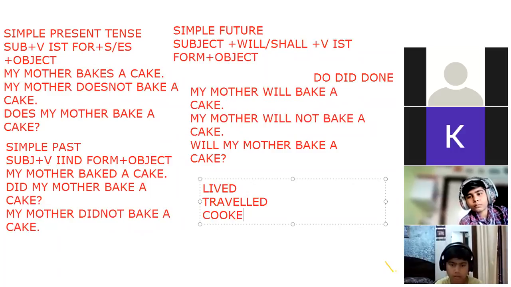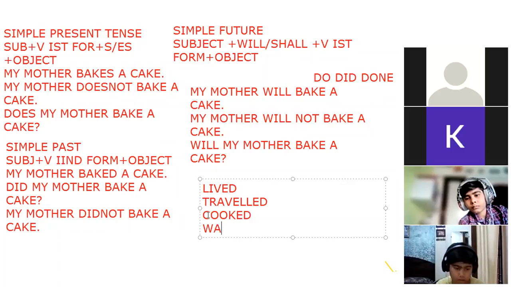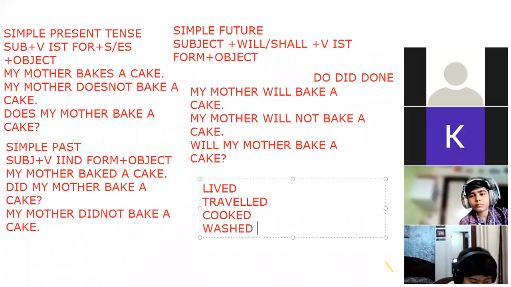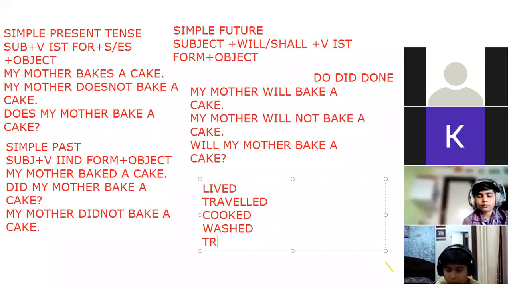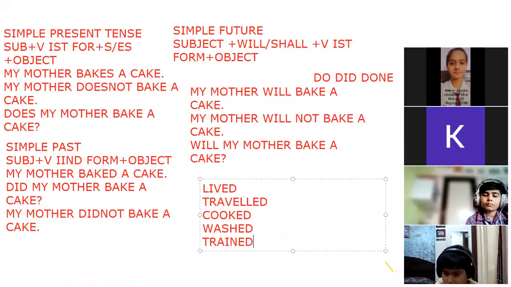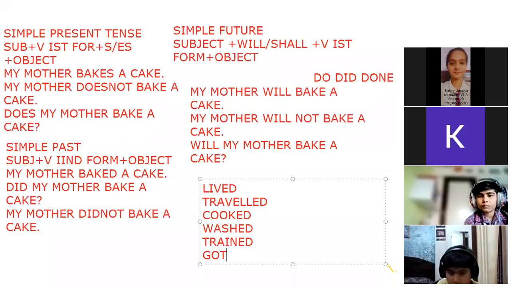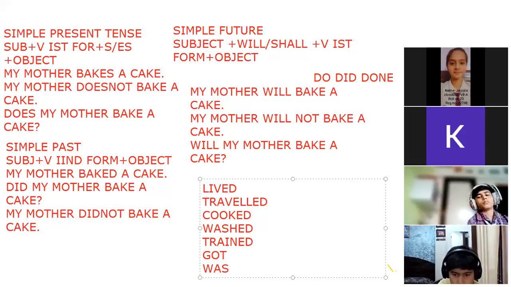All the first forms will be changed into second form. I washed. Then I trained. Then I got a monthly salary. It was not much, but I lived happily.